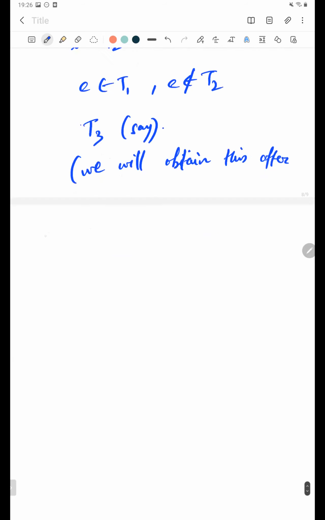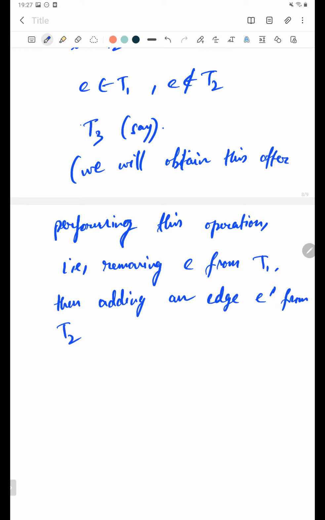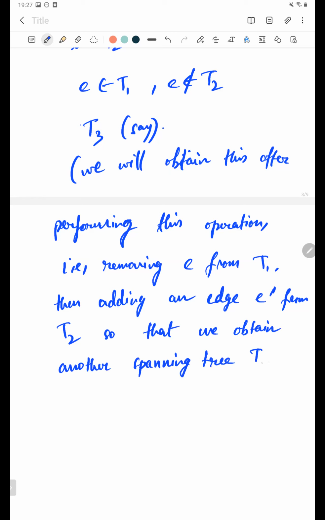We will obtain this after performing this operation, that is, removing E from T1, then adding an edge E prime from T2 so that we obtain another spanning tree T3.